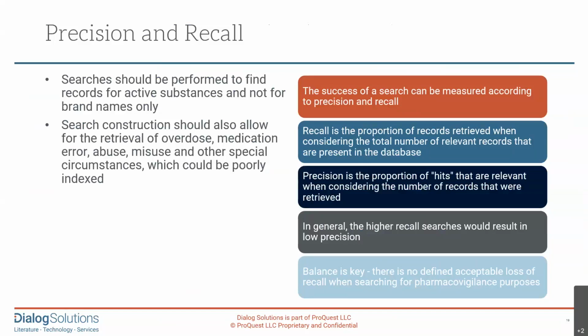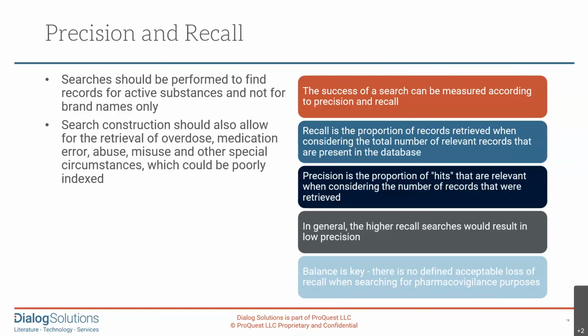There have been lots of papers written on whether indexing, while being brilliant, sometimes doesn't tell you the whole story. So you really do need to create a strategy and practice it several times, try several iterations of it in order to get the right balance of precision and recall. There's no acceptable loss of recall when you're searching for pharmacovigilance, so err on the side of more.